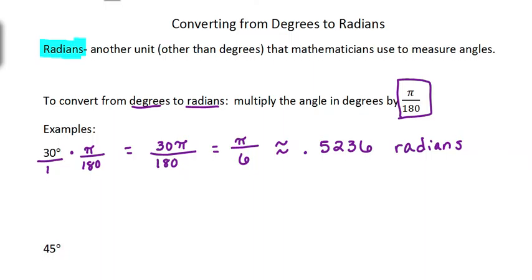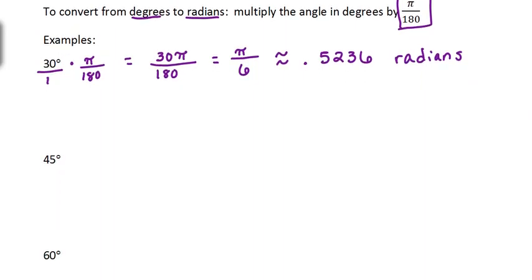All right, let's work with 45 degrees. So 45 degrees times pi over 180. That's going to give me 45 pi over 1 times 180 is 180. Again, I want to put this fraction in lowest terms.